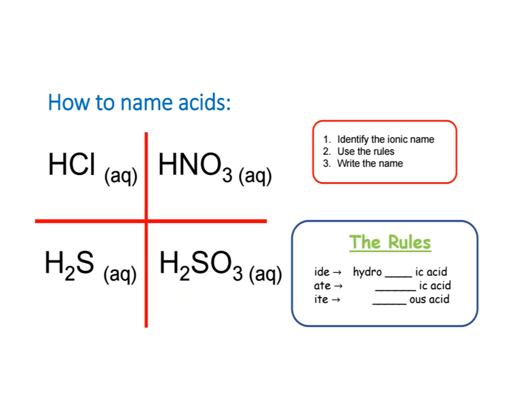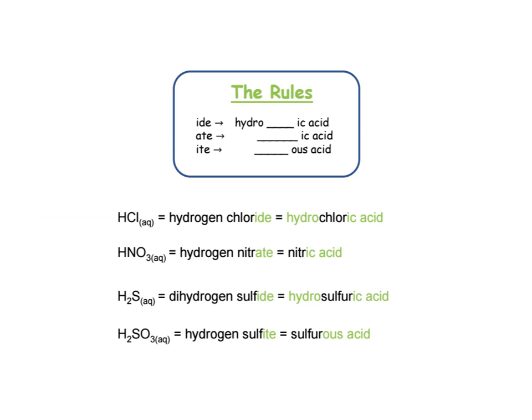So now let's go over rules to naming an acid. First, we have to name the acidic compound as though it was an ionic compound. Then we're going to take that ionic name and convert it using our rules into acidic compound names. It's best to go over the rules using some examples.